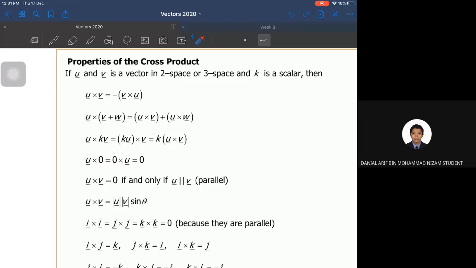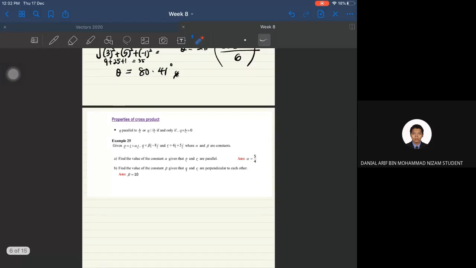Perpendicular. Perpendicular ataupun orthogonal kan. So, untuk cross product, if two vector are parallel, then the cross product between these two vector is equals to 0. Okay. Kalau dia parallel, cross product dia sama dengan kosong.